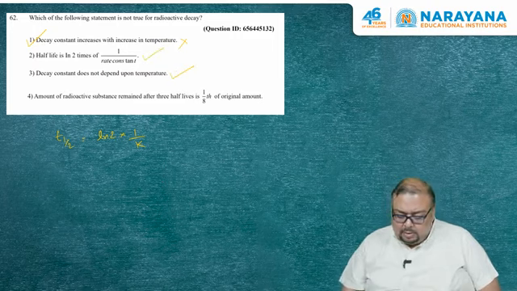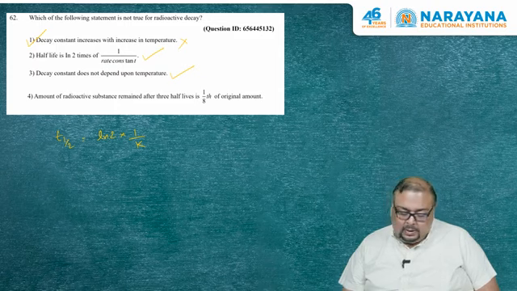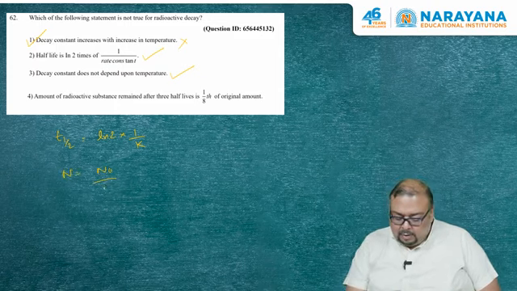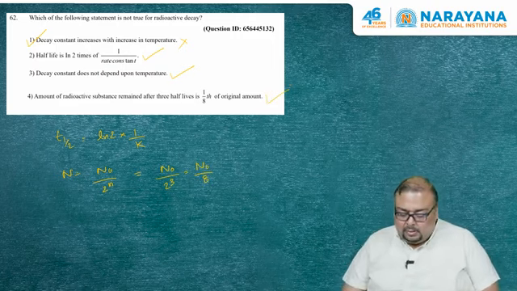Third option is also correct, and the amount of radioactive substance remaining after 3 half-lives will be 1 by 8. So N will be equal to N naught by 2 to the power n, where n is the number of half-lives. So it will be N naught by 2 to the power 3, which is 8. So this is also a correct statement. So the only incorrect statement is option 1. So 62, it should be 1.